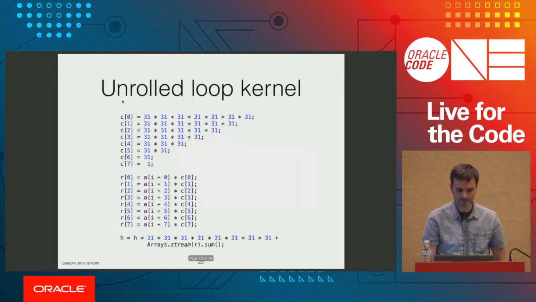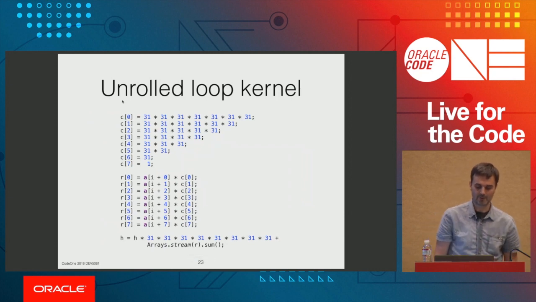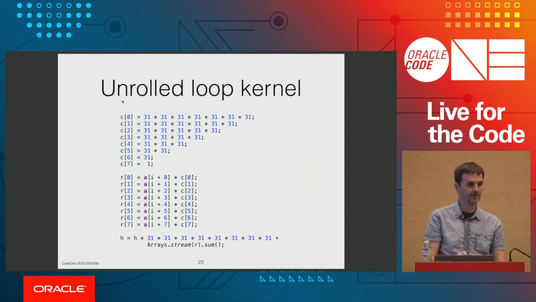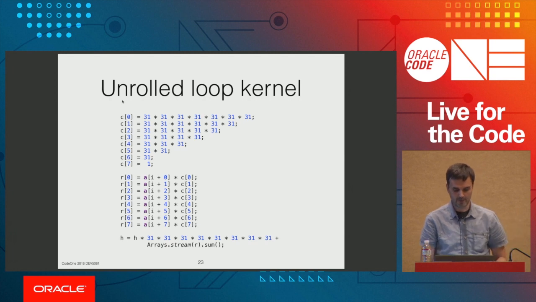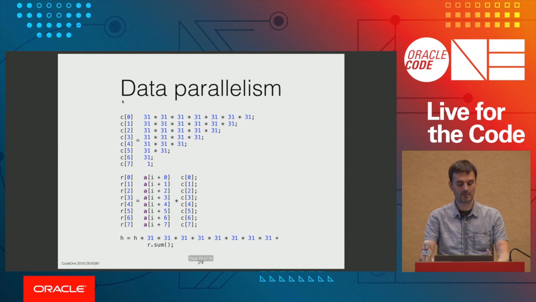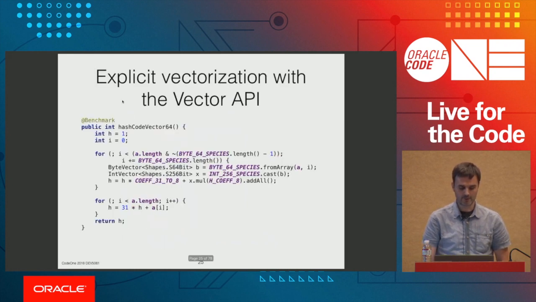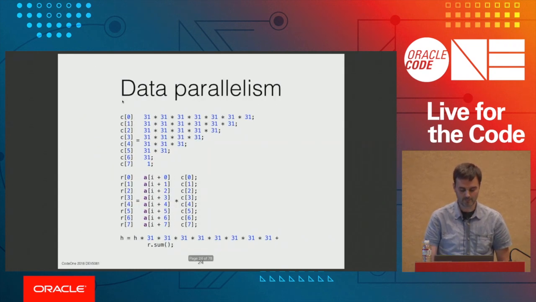We can see some common patterns here. If we extract that out, we see we've got a bunch of constants. We see we've got an intermediate result and doing multiplication, and then we're doing some catch-up, summing up, and multiplying by a constant, adding, and then looping around again. Essentially, what we want to do is turn all those 8 operations into 1. Turn 8 instructions into 1 instruction instead.